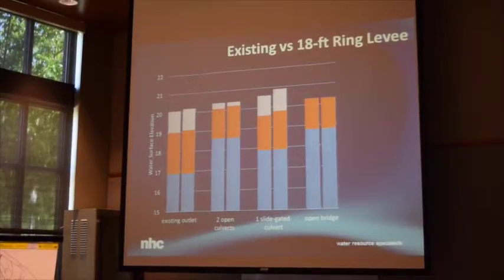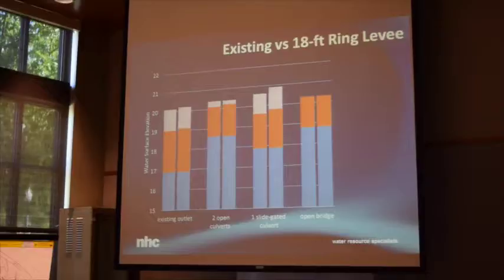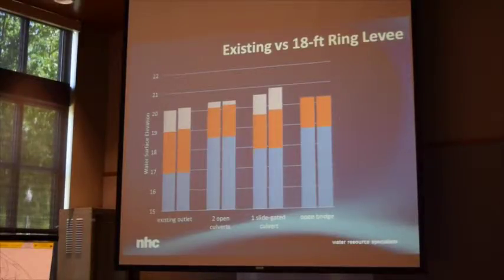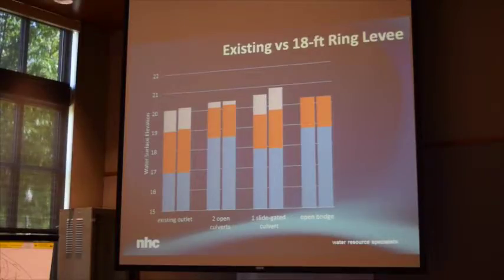On the flip side, if they work fine on the front end of the flood, but then one just wouldn't open afterwards, the one slide gated culvert might somewhat represent that condition. So even though you've got all these different permutations of how the system might malfunction, I think these scenarios bracket what we might expect.